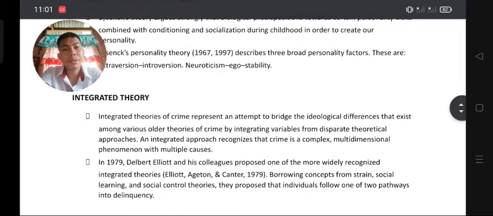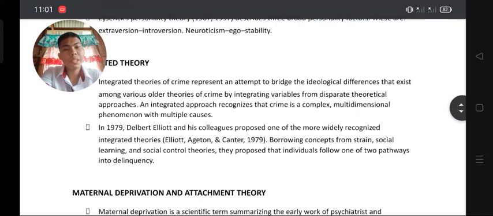Next, integrated theory. Integrated theories of crime represent an attempt to bridge the ideological differences that exist among various older theories of crime by integrating variables from disparate theoretical approaches. An integrated approach recognizes that crime is a complex, multidimensional phenomenon with multiple causes.